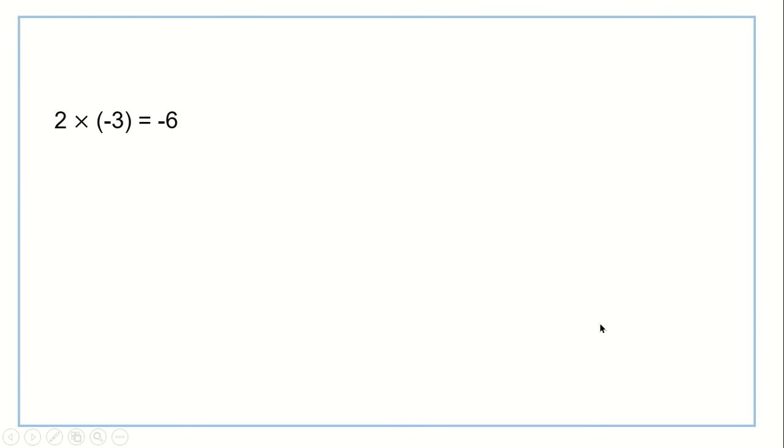So we have got a positive times a negative, gives us a negative. That's why 2 times negative 3, we have negative 6. Positive number times negative number, we get negative number.